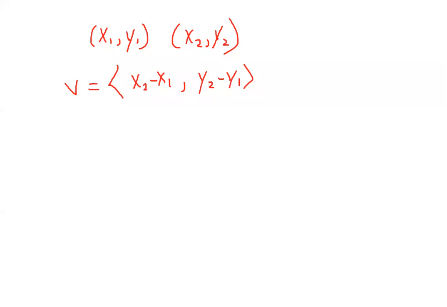The terminal point has to go first and the initial point has to go last. We do terminal minus initial, terminal minus initial. It matters. The direction matters. If you do it backwards, then you'll have the wrong sign. You'll have negatives when it should be positives, or positives when it should be negatives.